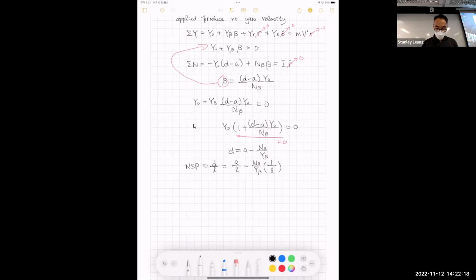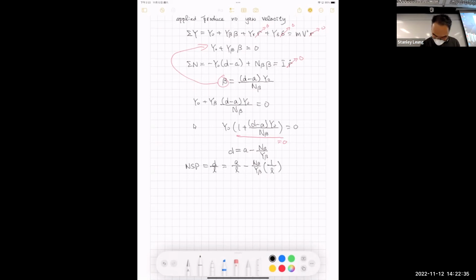Okay, so N beta, Y beta, we learned it last week, right? It is some relationship of the cornering stiffness and A and B, right?